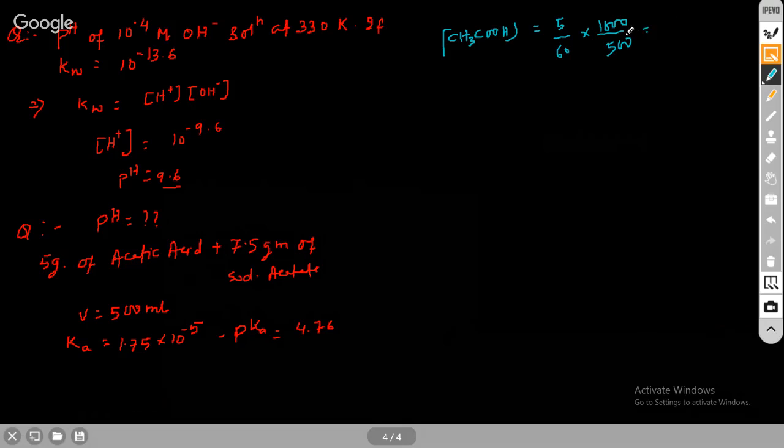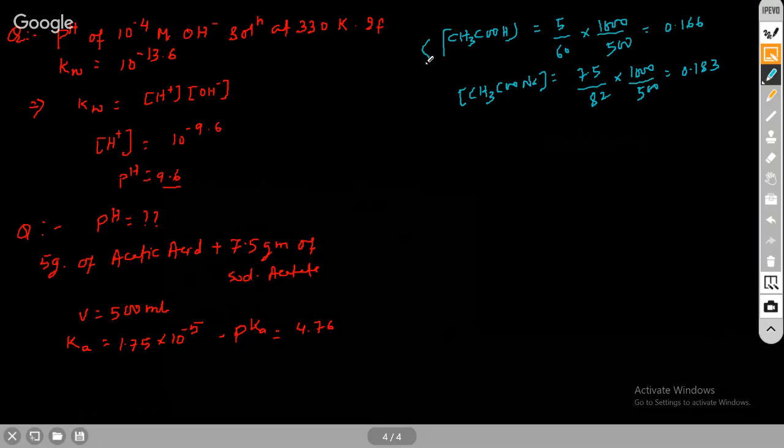So that will be 0.166. Concentration of salt, if you calculate, 7.5 is the mass given, and for this the molar mass is 82, 1000 by 500. It is 0.183.